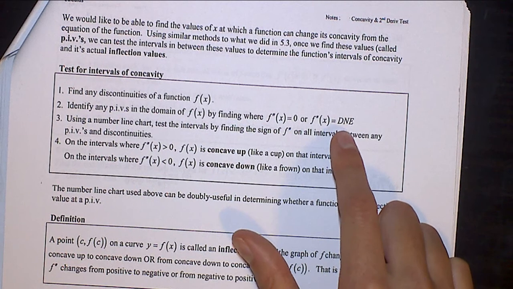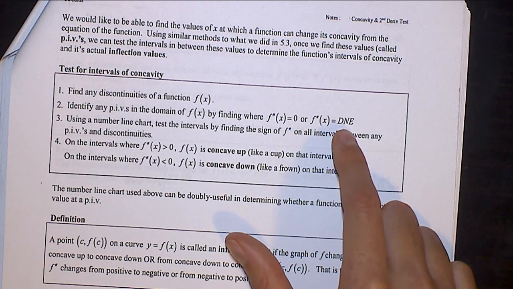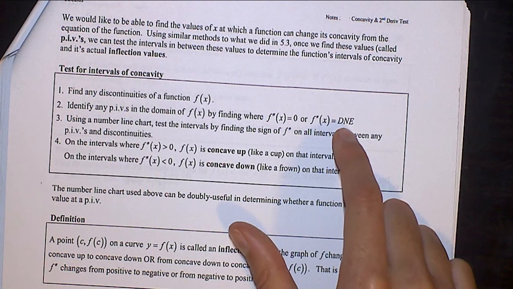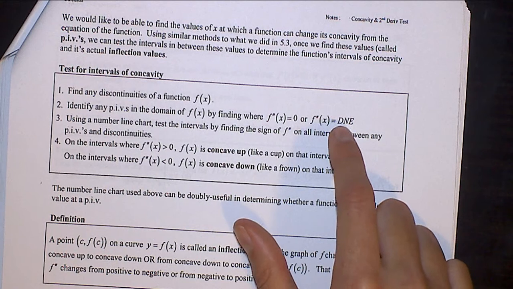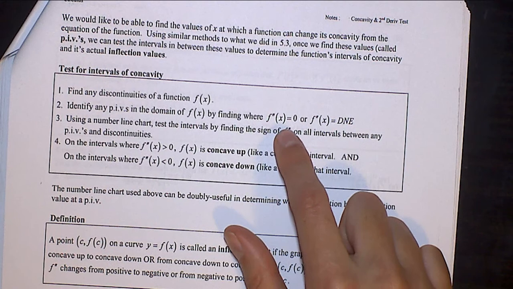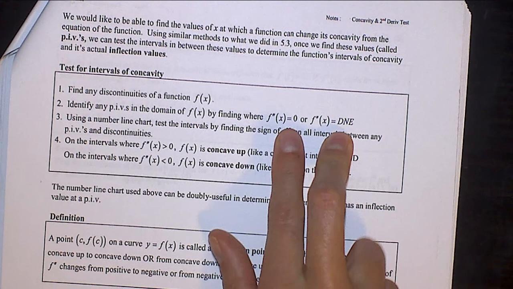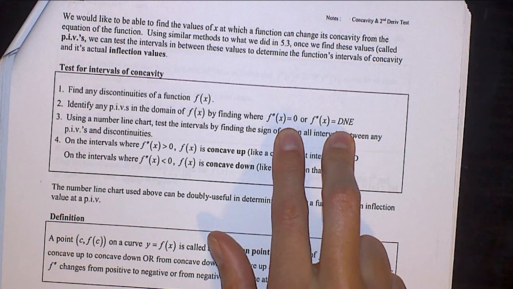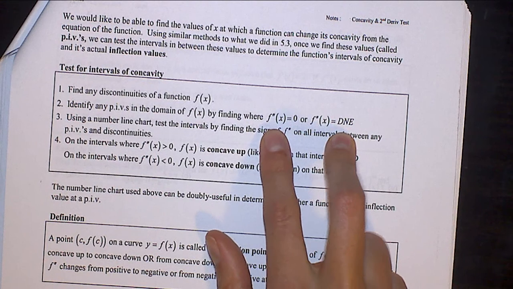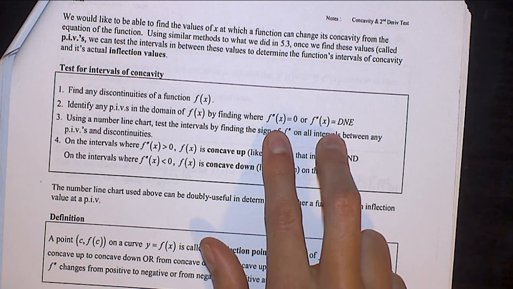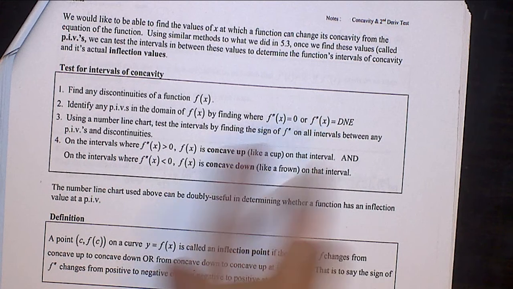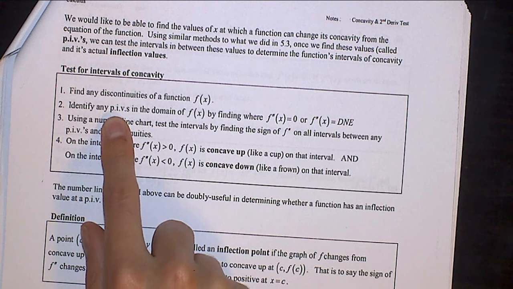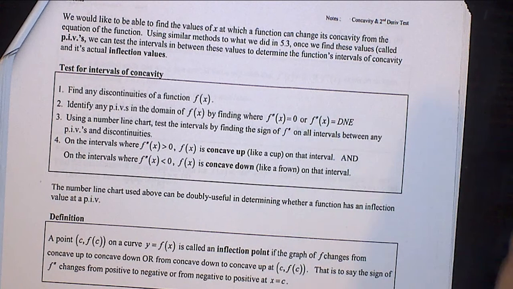This is very, very similar to the first derivative test that we used to find maximum and minimum values. For the first derivative test, when f prime equals 0 or f prime does not exist, we had critical points. But when we're looking at f double prime, where it equals 0 or does not exist, we're looking for potential inflection values. So just a little bit different vocabulary.